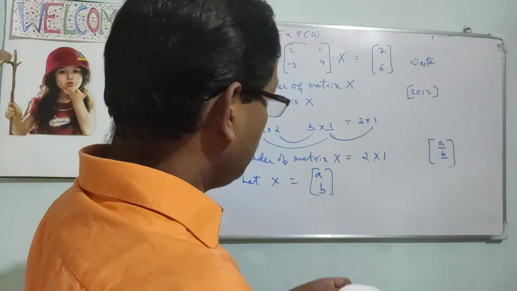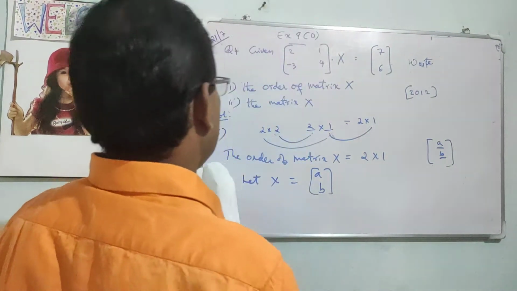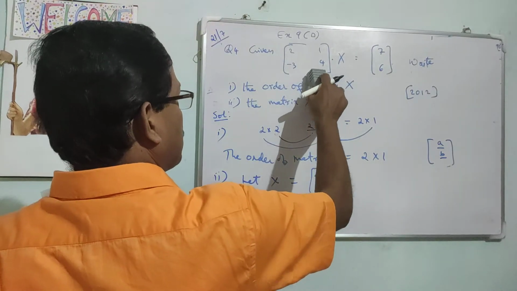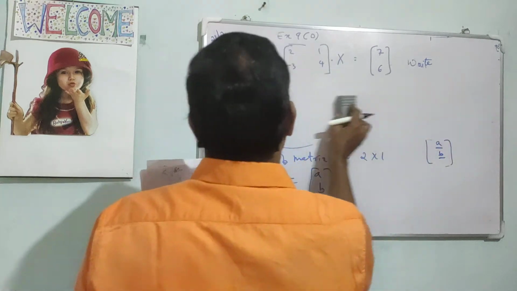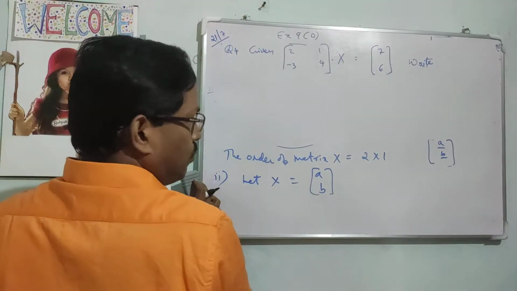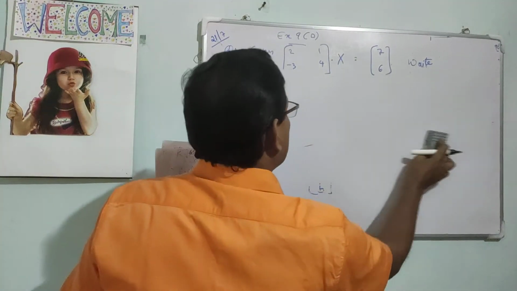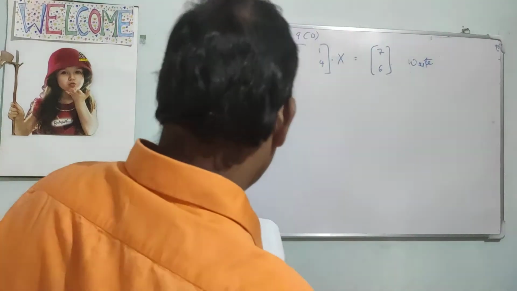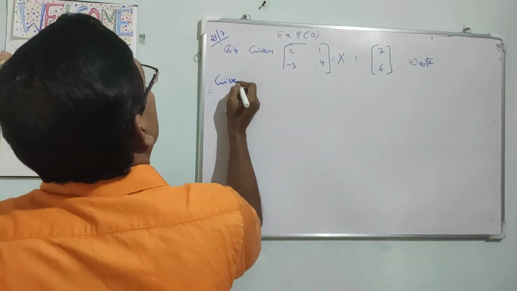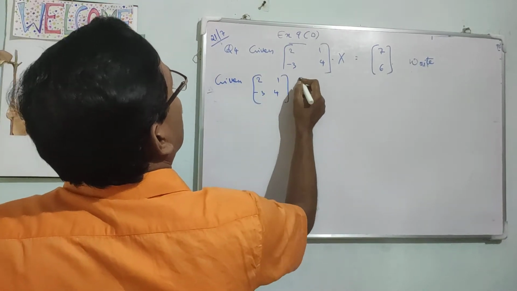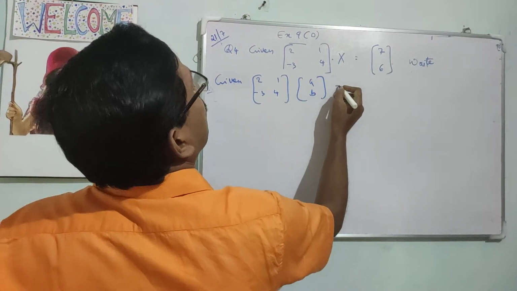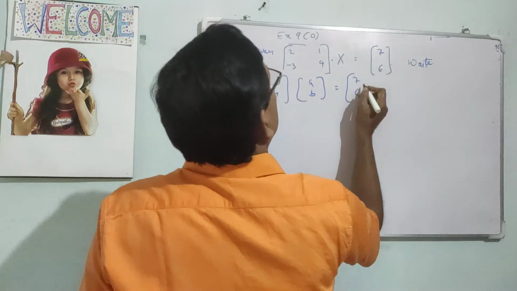Okay. Use the given information. Given this matrix into X. Listen, please copy it neatly without mistake. Given 2, 1, minus 3, 4 into A, B is equal to 7, 6.